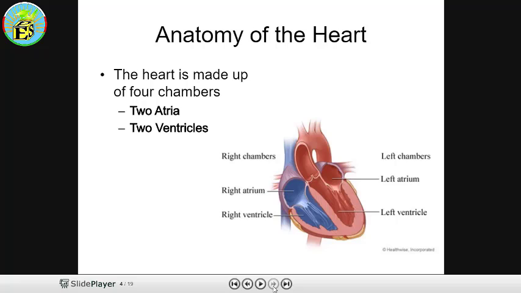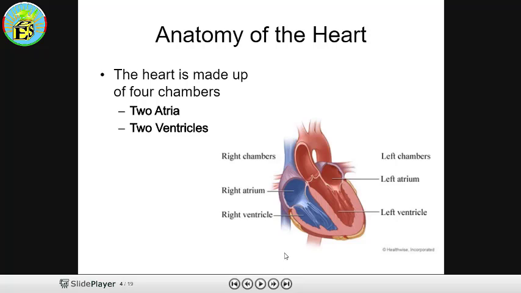Anatomy of heart. As I told you before, the heart is made up of 4 chambers, 2 atria and 2 ventricles. As I already mentioned in the magnified diagram, on the left side and right side, the upper parts will be atria, right atrium, left atrium. The lower parts would be ventricles, right ventricle, left ventricle.